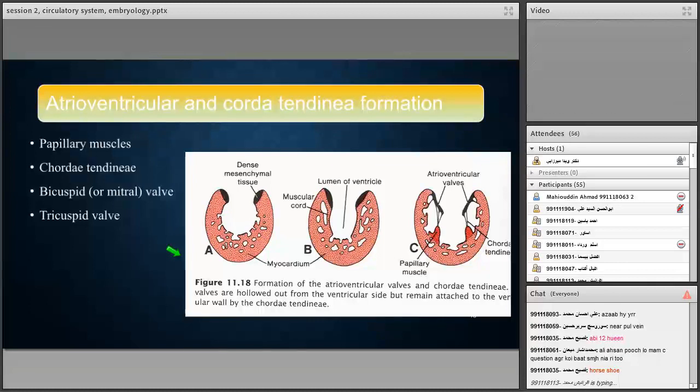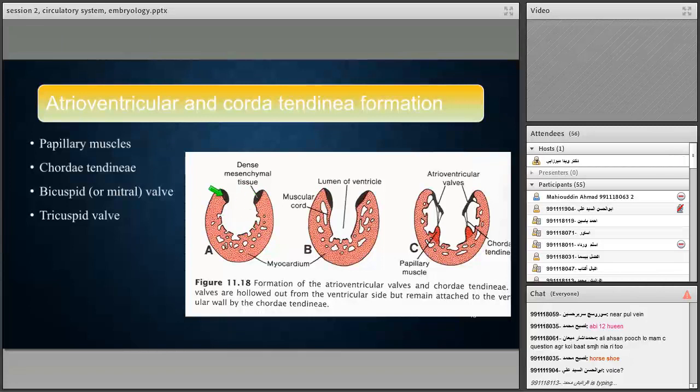This is the ventricle, okay? After the blood flows into each ventricle, we can see that the tissue of the myocardium is becoming fibrous in some parts and forms the atrioventricular valves. Look at here.